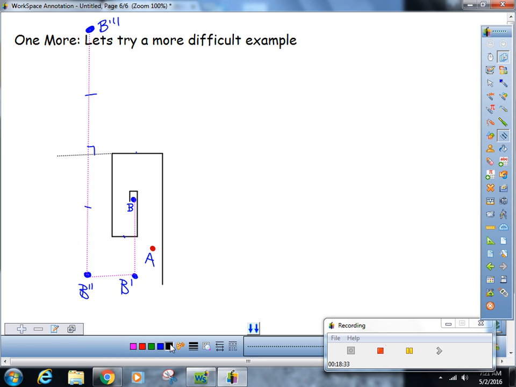That's right. I'm going to reflect B triple prime over that wall. Okay? So now I take this. What do you think? Too far? That better? Okay. B4 prime.